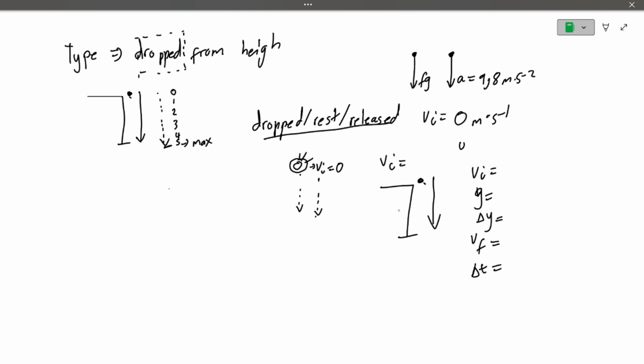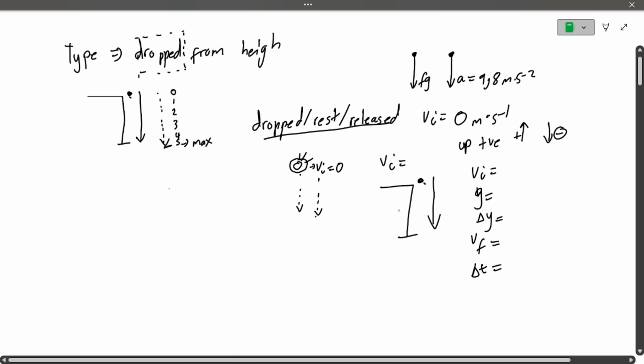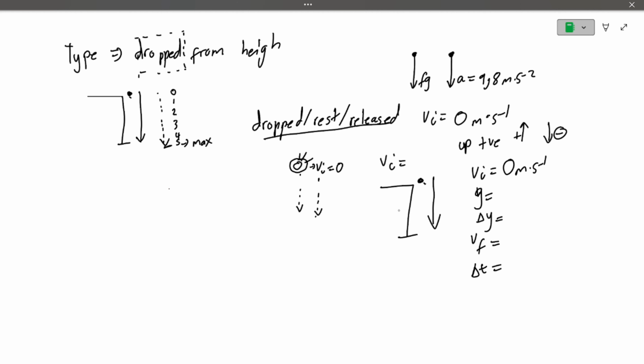Let's choose up as positive, meaning that down will be negative. The initial velocity is 0 because it is dropped, and 0 is neutral, so we don't put a sign on 0.